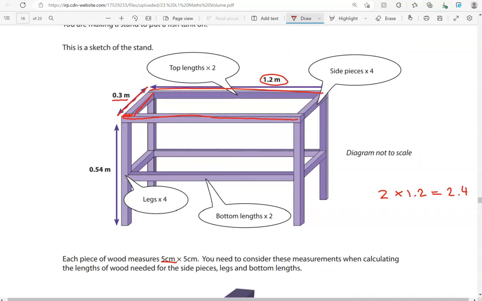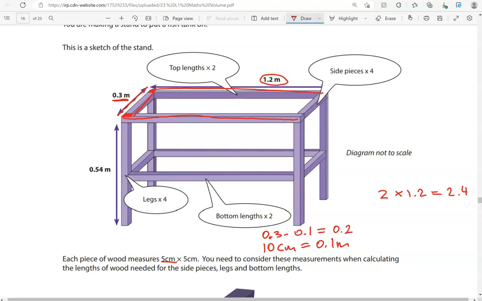So 5 centimeters in this corner and another 5 here, that will be 10 centimeters. So 10 centimeters, that is 0.1 meters, like dividing 10 by 100. So if I take that away from 0.3 that we have, we're left with 0.2. So 0.3 take away 0.1 gives us 0.2.